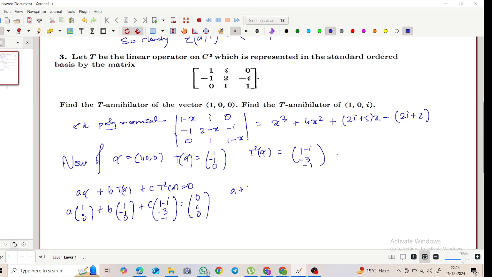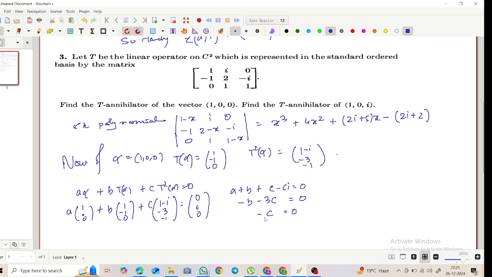One is A plus B plus C minus Ci equals 0. Another is minus B minus 3C equals 0. The other is minus C equals 0.